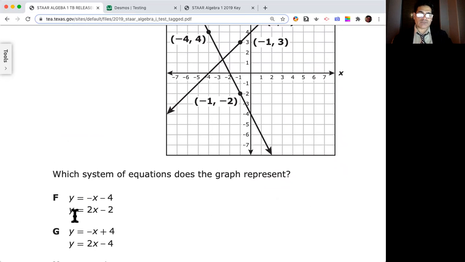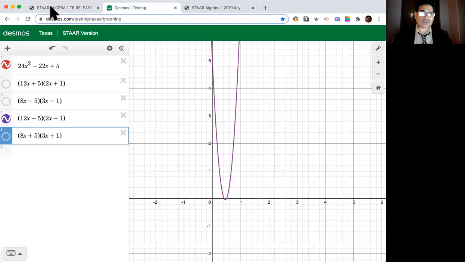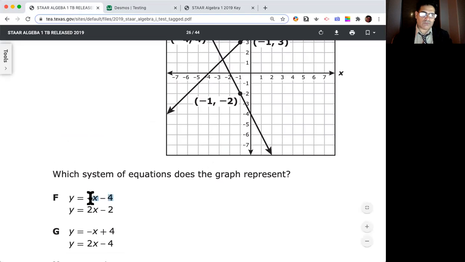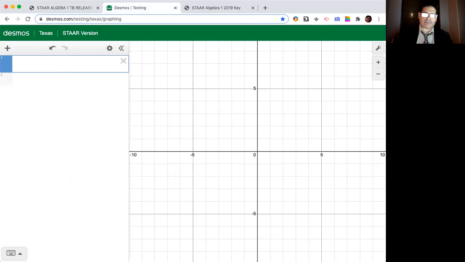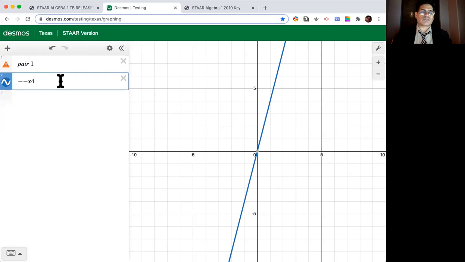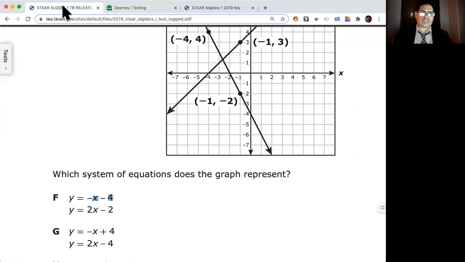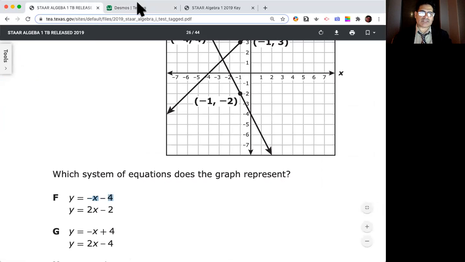Let's start to enter these. If you want to be clean about it, pair one. Now it doesn't copy very well, does it?